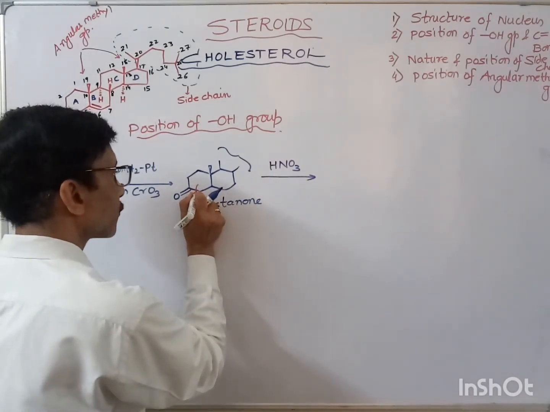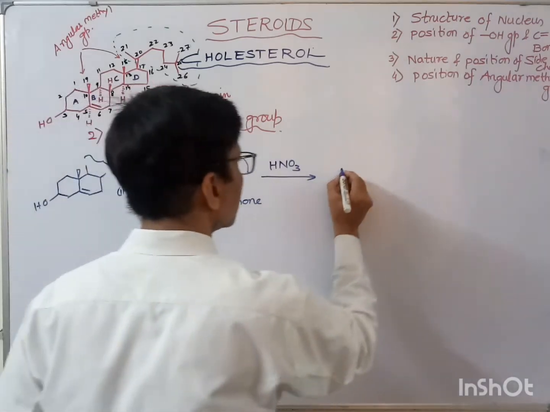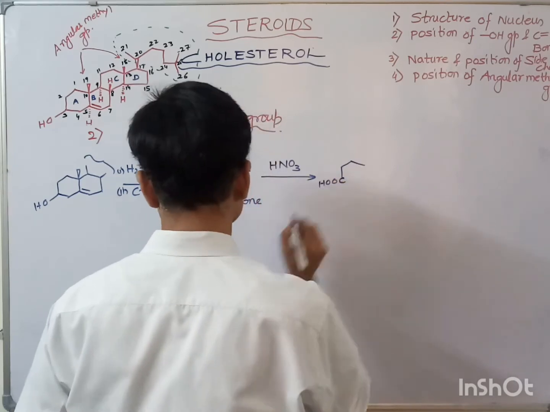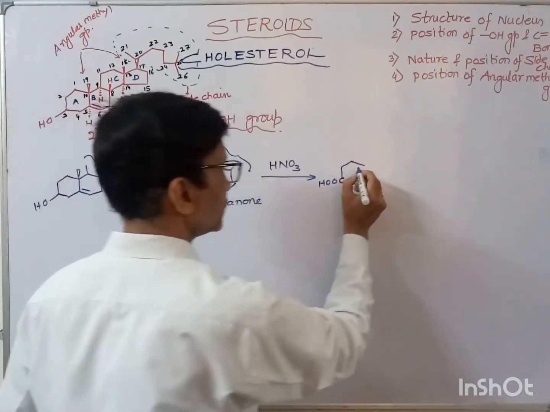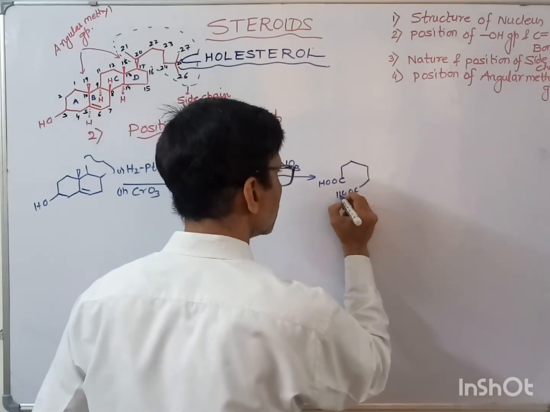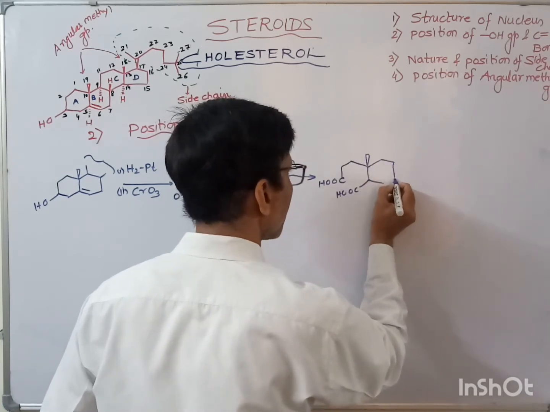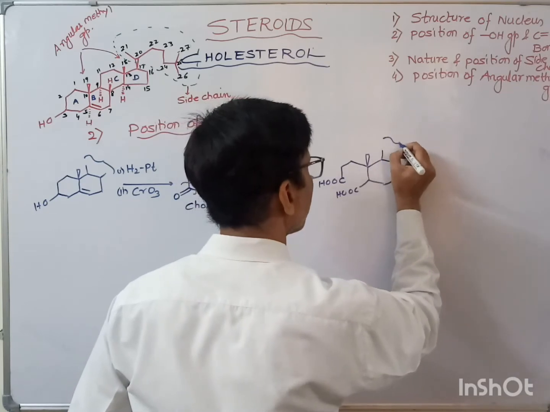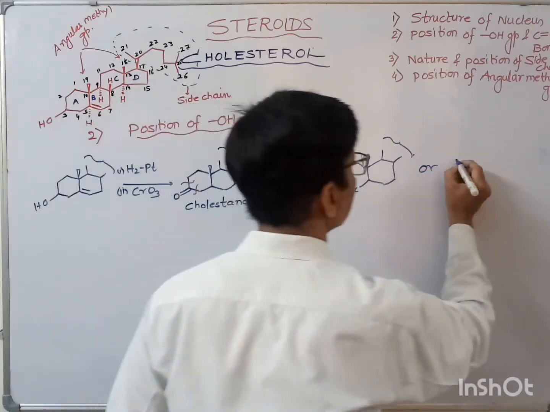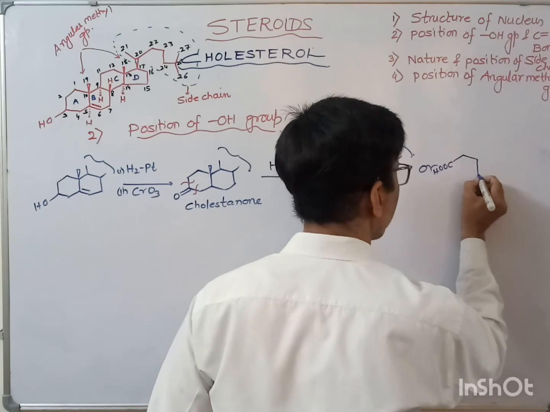It may break either from here or from here. So finally what may we get? Suppose it breaks from here, then it is COOH and this is another COOH, a dicarboxylic acid was obtained. Or if it breaks from this other position, we may get this one also.